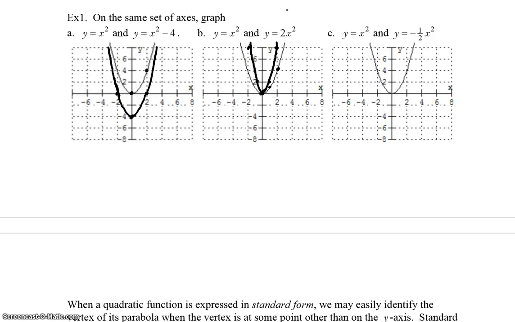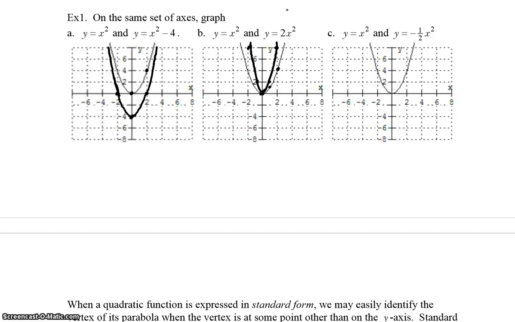Let's look at C. y equals x squared and y equals negative 1/2 x squared. This is similar. Here we have a equal to negative 1/2. This is a vertical shrink factor. Every y-coordinate will be cut in half.